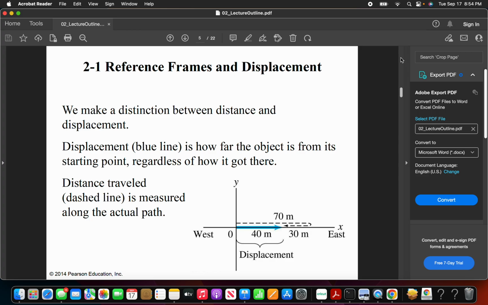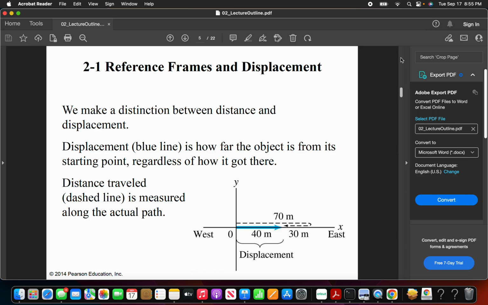We started out, we went 70 meters east, and then we went back what? 30 meters in the west direction, okay? Which ultimately lands us with a displacement, right? Because it's the difference between the starting position and the ending position, right?